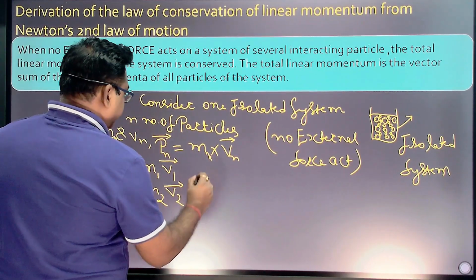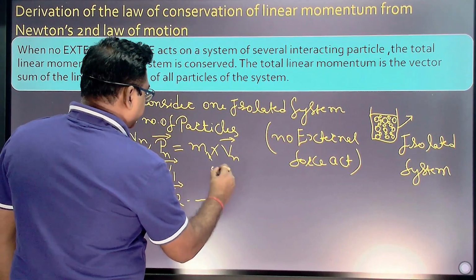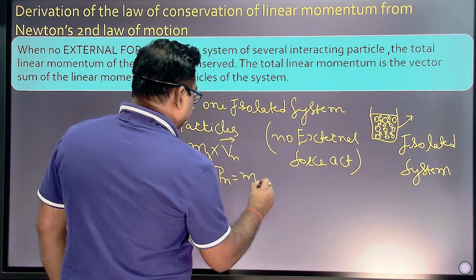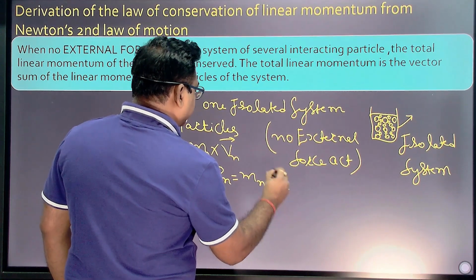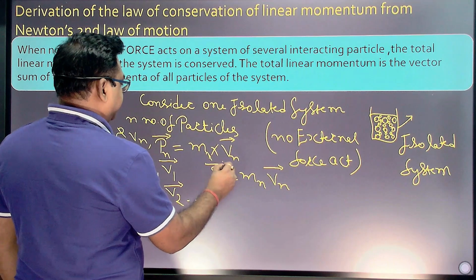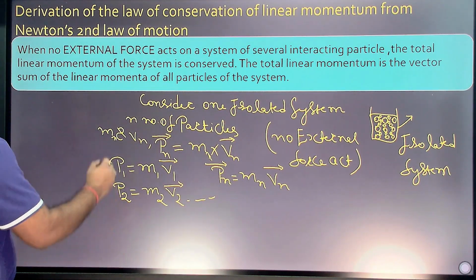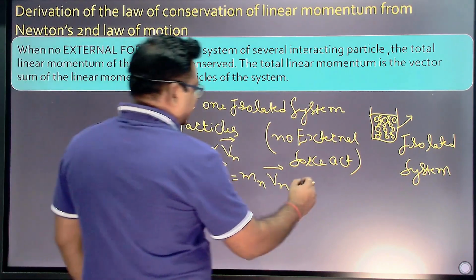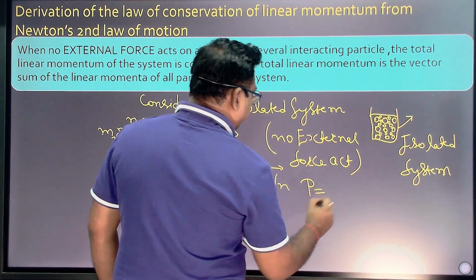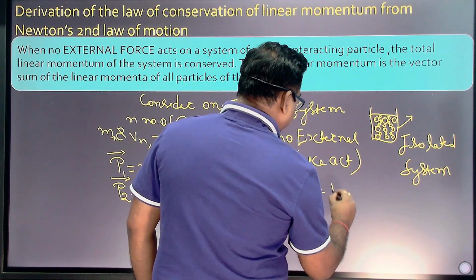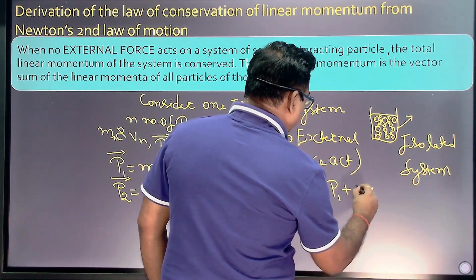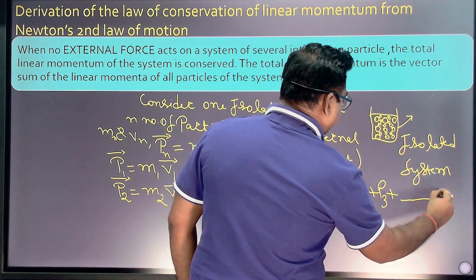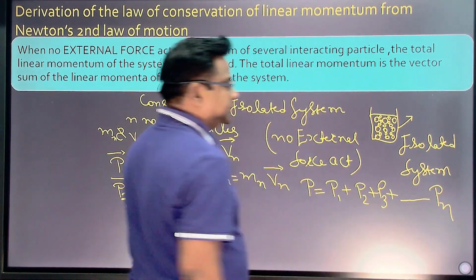Like that, the nth particle has momentum pn, mass mn and velocity vn. So the total linear momentum is p1 plus p2 plus p3 and so on up to pn.